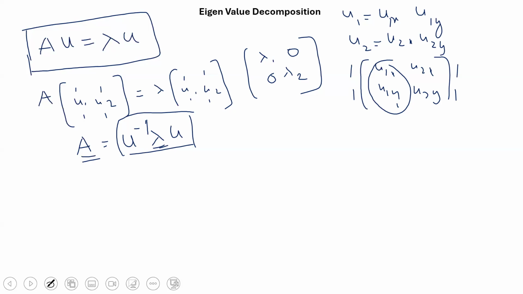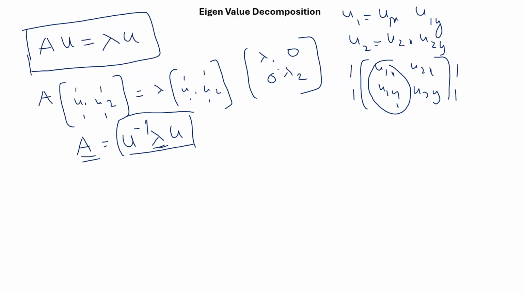So now, this is the eigenvalue decomposition of A. Why is lambda turning out to be the eigenvalues along the diagonal elements?